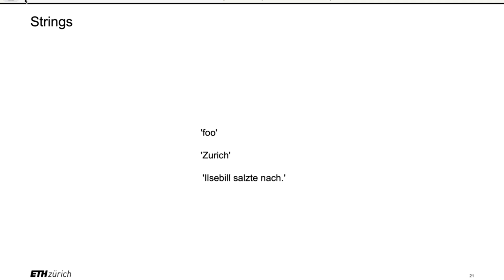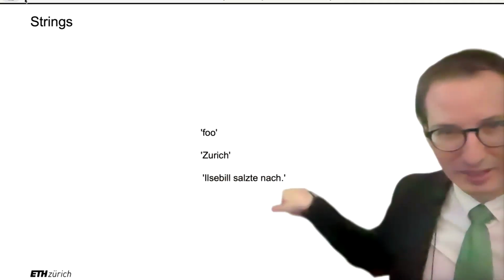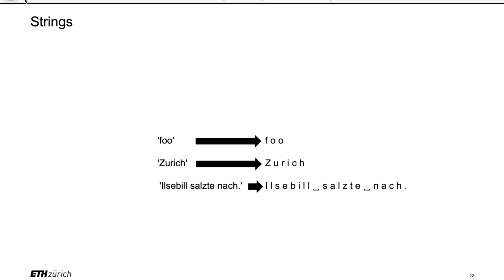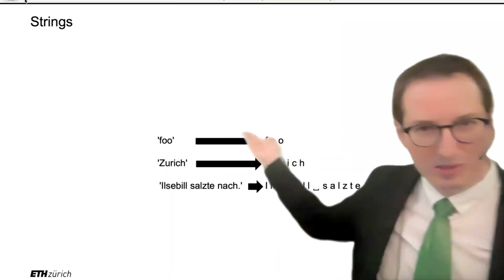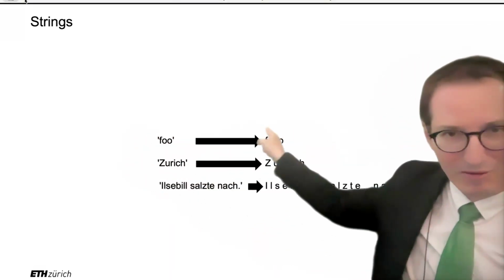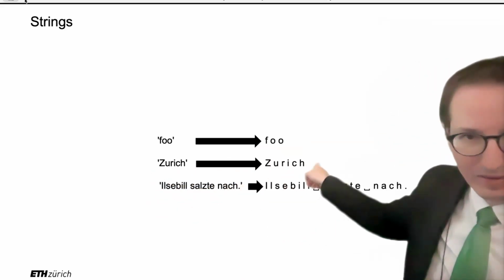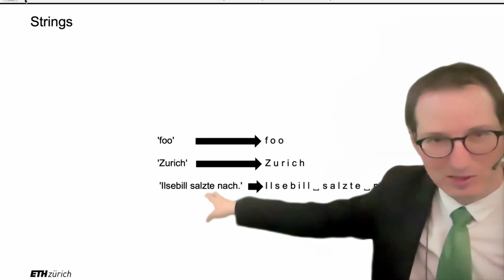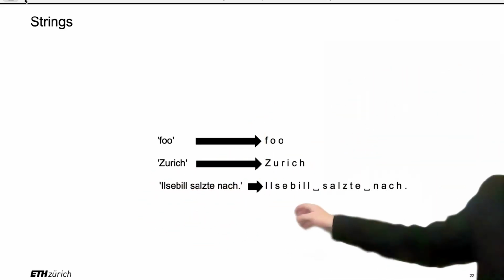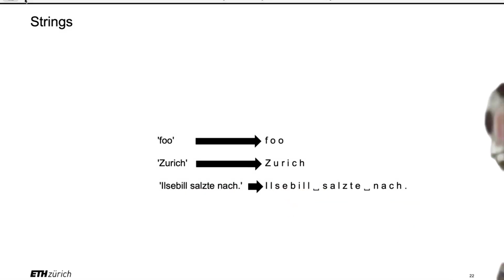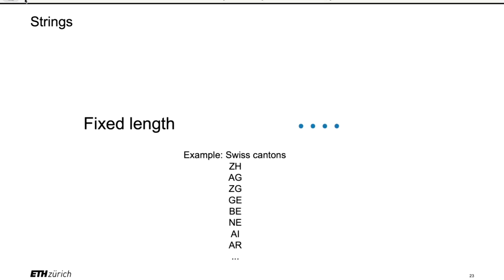So this is why I put these single quotes right here. And as I said, technically, what it is, mathematically, it's a sequence of characters, right? So that's FOO, that's ZURICH, Isabelle Zalstenar, that's a famous opening for a novel. So this is a sequence of characters like this, okay?